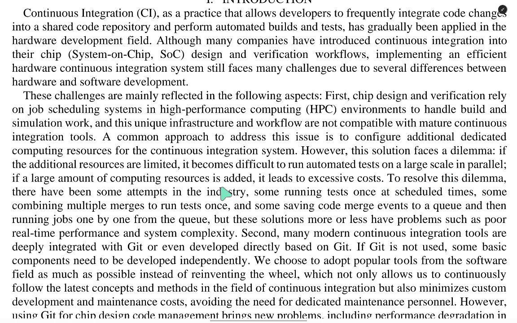To resolve this dilemma, there have been some attempts in the industry: some running tests once at a scheduled time, some combining multiple merges to run tests once, and some saving code merge events to a queue and running jobs one by one from the queue. But these solutions more or less have problems such as poor real-time performance and system complexity.